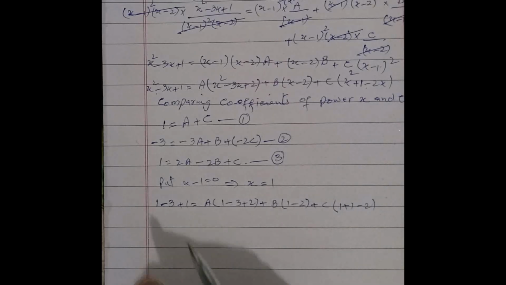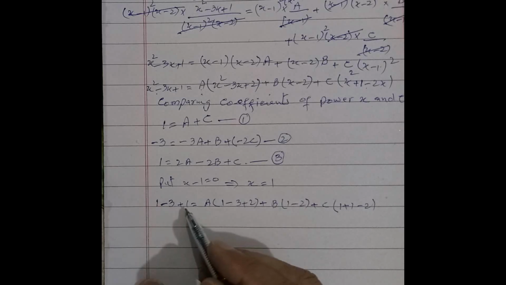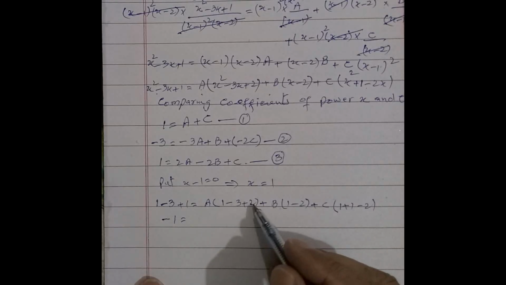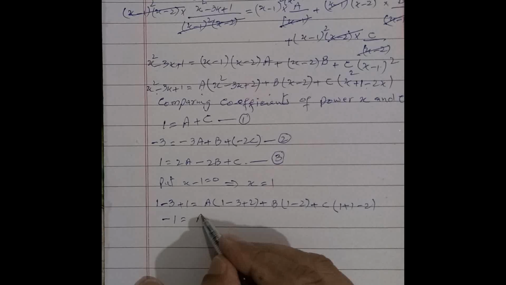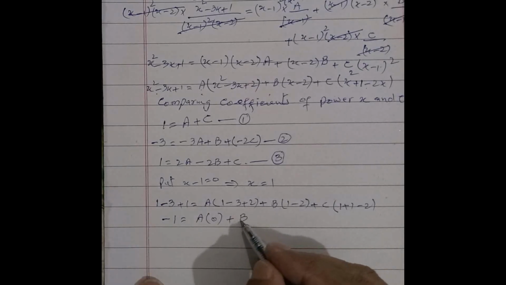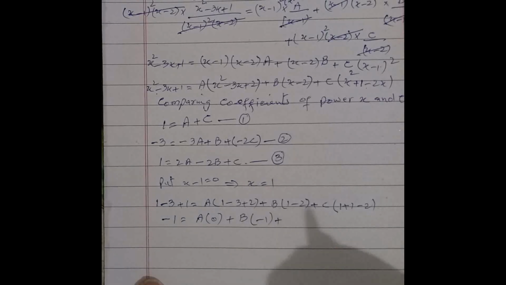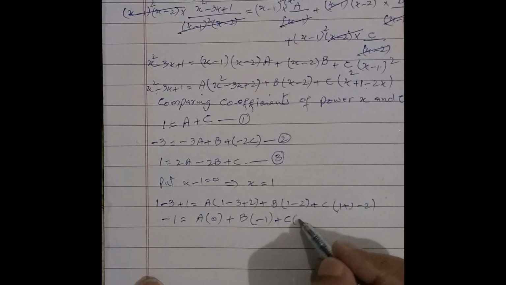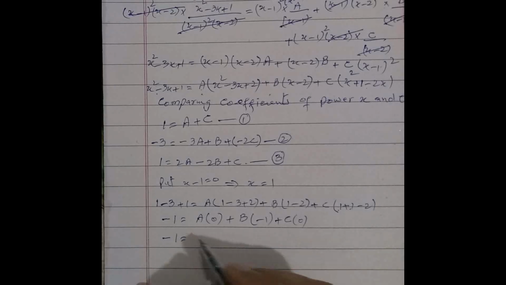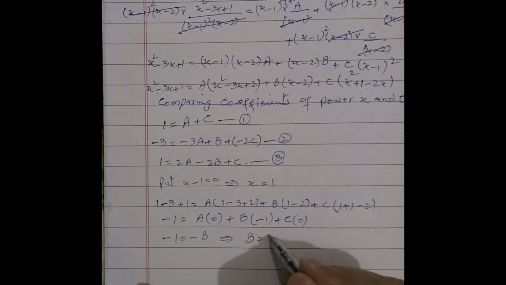Now simplify these values. Minus 3 plus 1 and plus 1 plus 2, we get minus 1 is equal to a into 0 plus b into minus 1 plus c into 0. We get minus 1 is equal to minus b. It means the value of b is equal to 1.